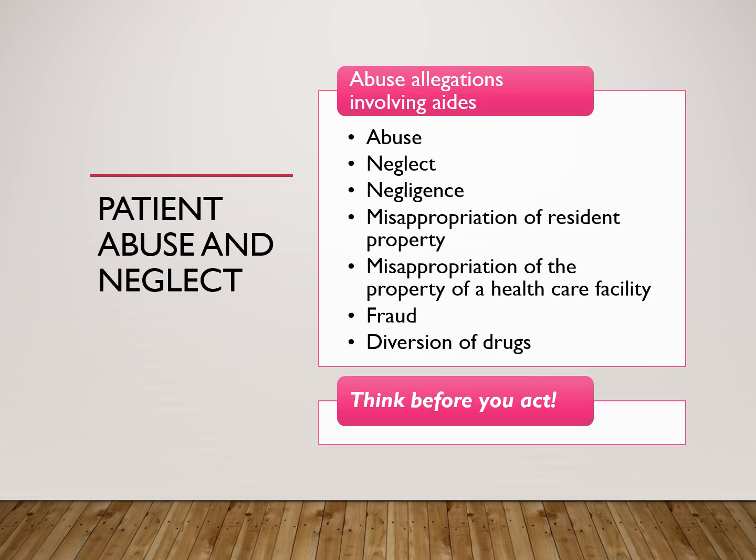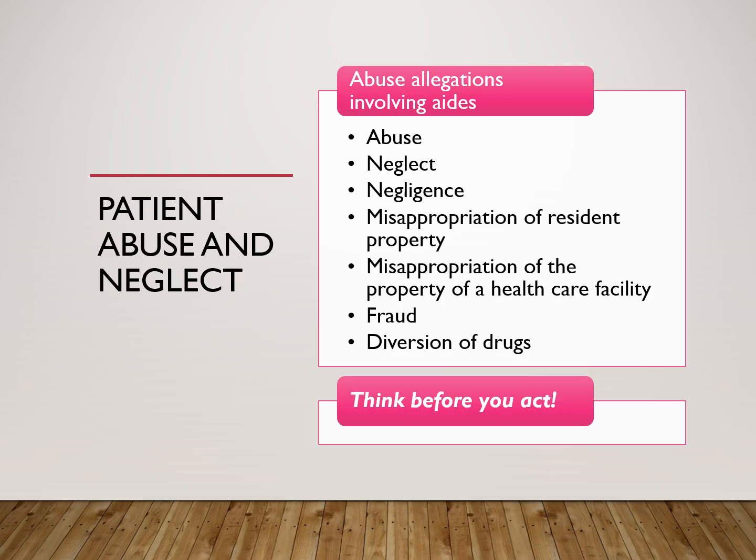Another possible consequence of patient abuse, neglect, or exploitation is that an aide and the aide's actions can be reported to the police and investigated as a crime. The police investigation can lead to action by a court of law, leading to the nurse aide or aide, in this case, it may be a personal care aide or in-home aide, whatever we want to call them, being convicted of a crime.